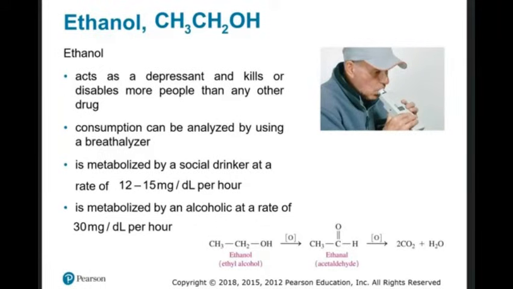It is a depressant. It is the most dangerous drug known to humans in terms of deaths. Okay?